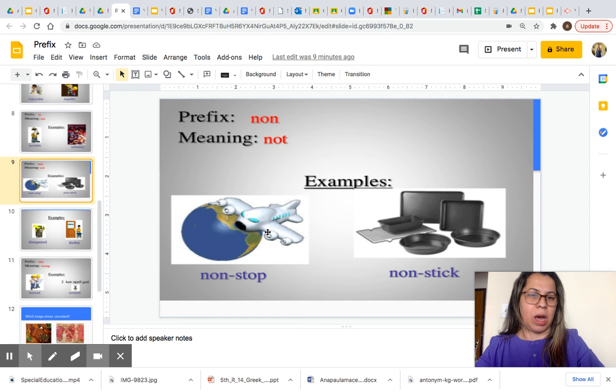That's a non-stop flight, meaning this flight is not going to stop anywhere. Now let's look at the same prefix in another word, non-stick. What does it mean? Look at the pots. It means that they are not going to stick. If I cook something here, it's not going to stick because these pots are non-stick.